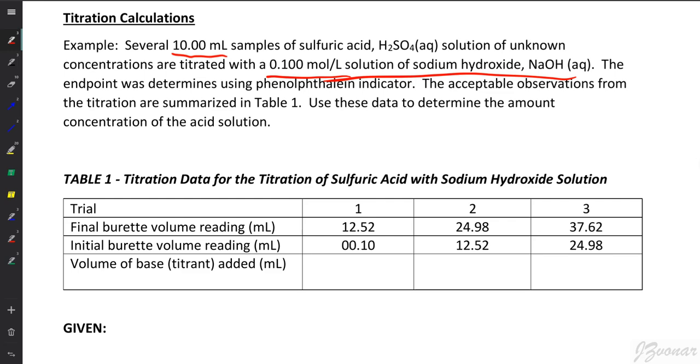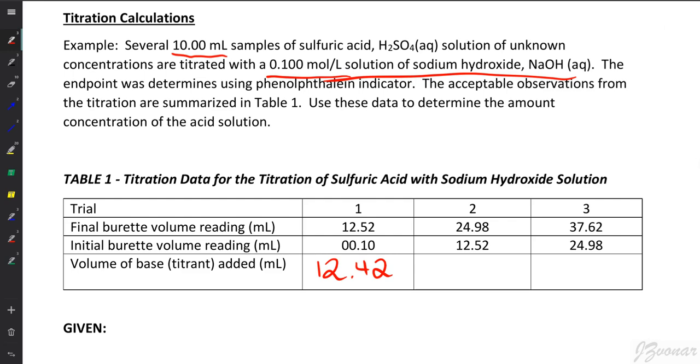So by subtracting these two numbers, final minus initial, we see that we required 12.42 milliliters of the known sodium hydroxide solution to neutralize our 10 milliliters of sulfuric acid.